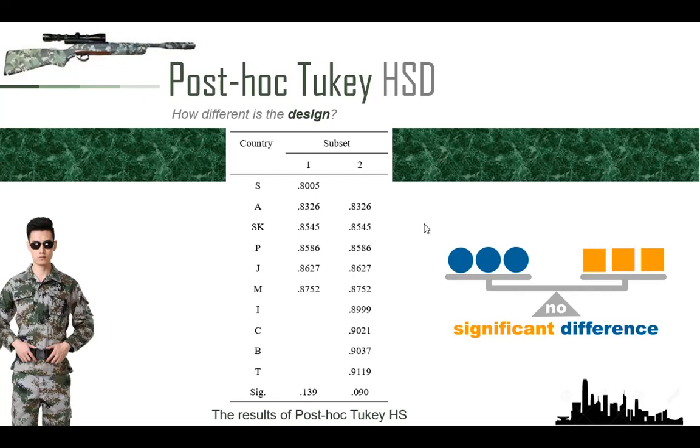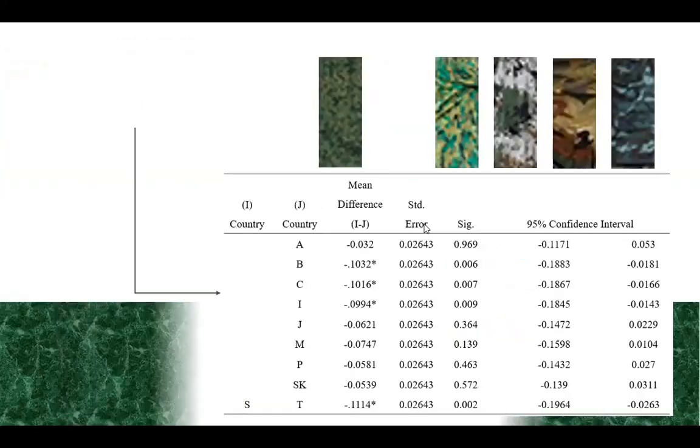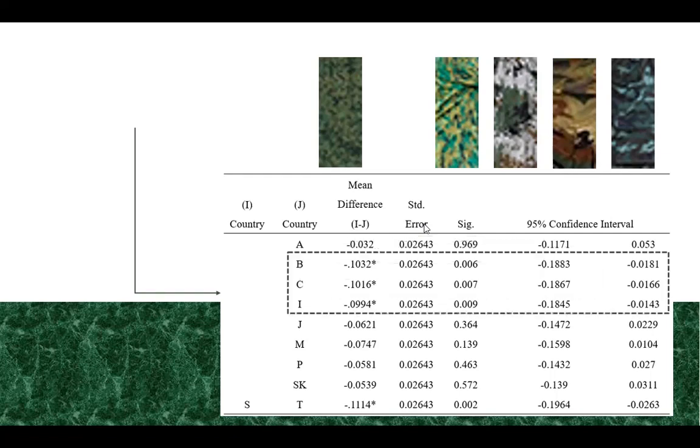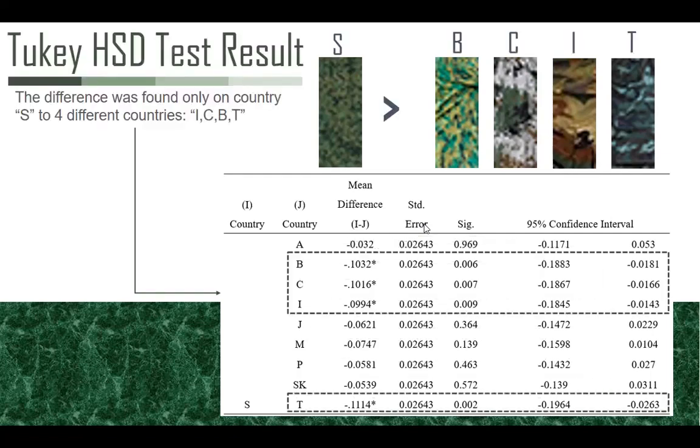Yes, the CSI is different, but the difference is not significant. I only found a significant difference in S compared with one other design, but the rest are not significant. In terms of the overall, it's not significant.